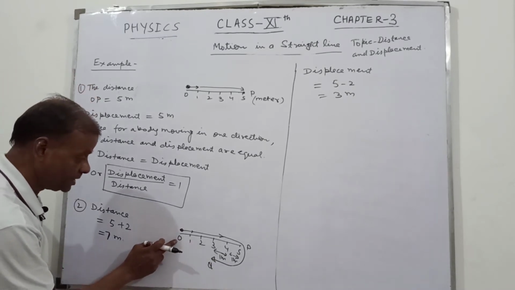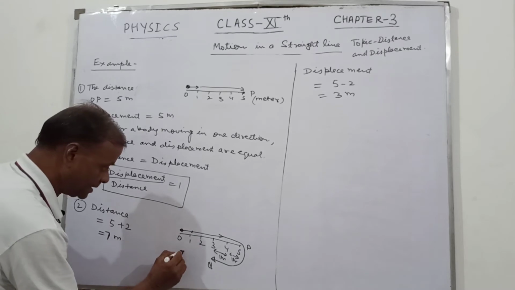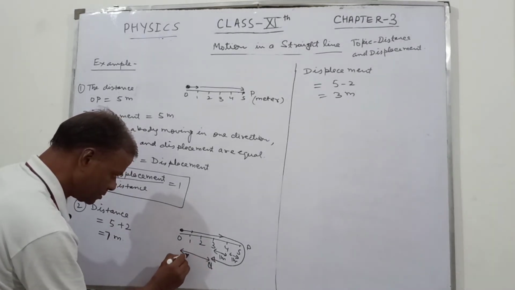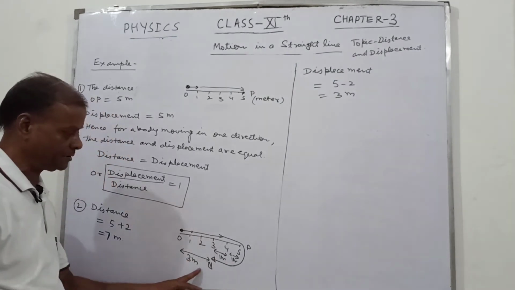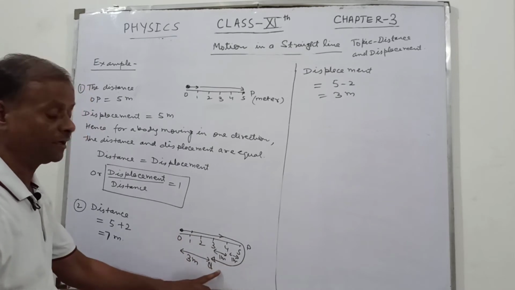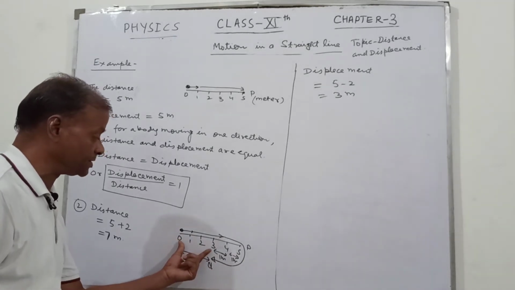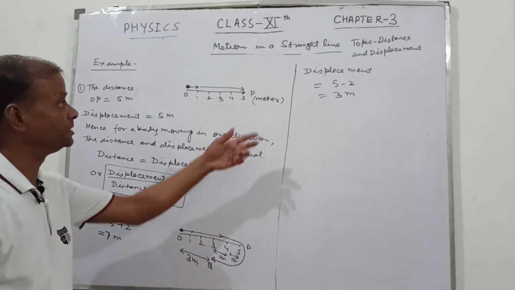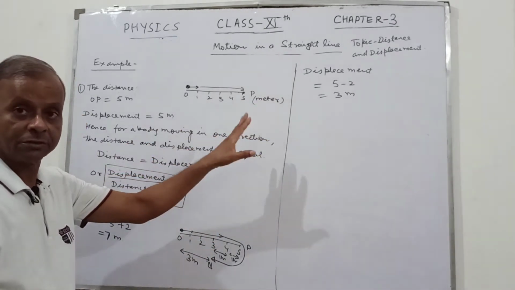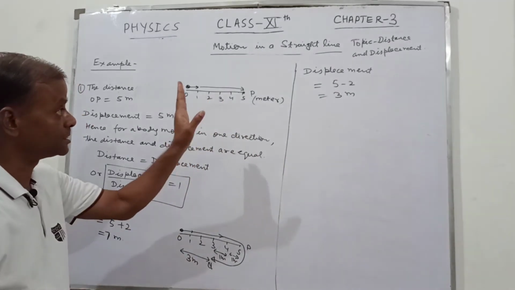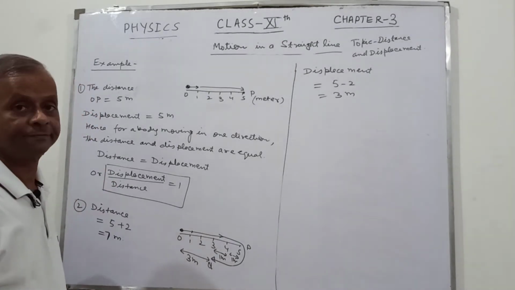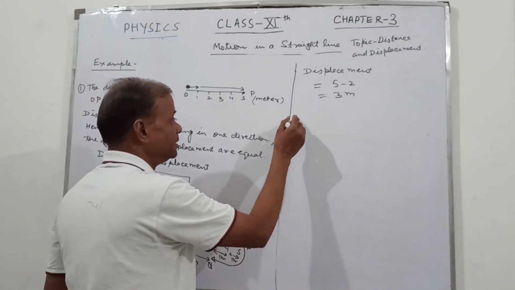Moreover, you can see this is the initial point, this is the final point, and this distance is 3 meter. So the minimum distance between the initial and final point, that is 3 meter, is the displacement. So when the body moves in the opposite direction, the displacement is always less than the distance.